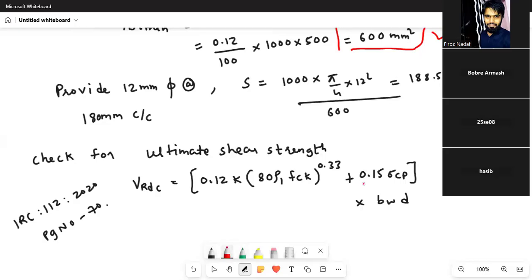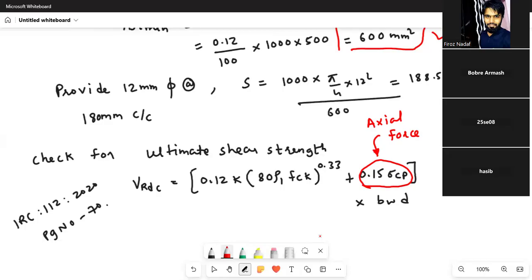And in the formula, this part can be neglected. This part is related to axial force for the member, and since we do not have axial force for the slab culvert, we can neglect this part, 0.15 sigma CP.